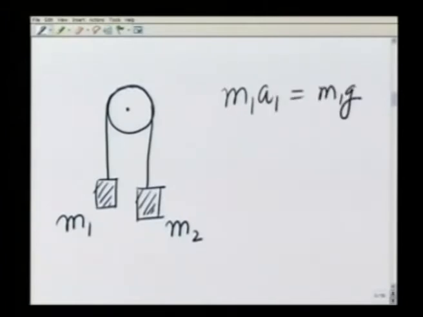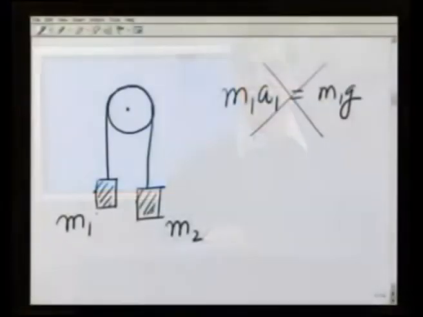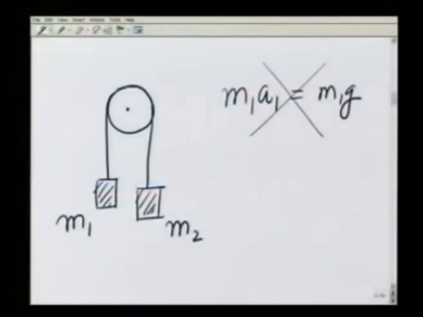Its motion is affected by the presence of the other mass. Similarly, the motion of m2 is also affected by the presence of mass m1. This constraint comes about because of the rope that keeps them moving together. These are two examples of constrained motion.